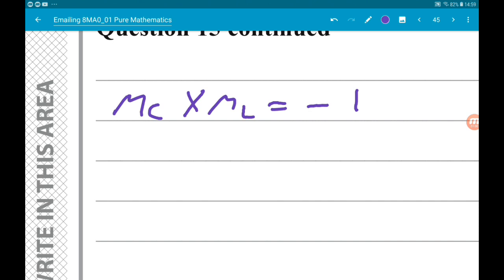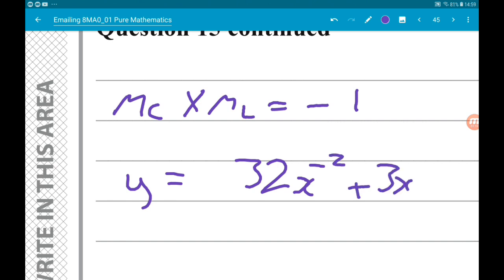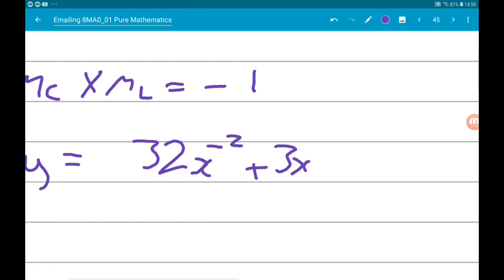What we need first of all is the gradient of the curve. Now y is 32 over x squared, so 32x to the minus 2, add 3x minus 8.